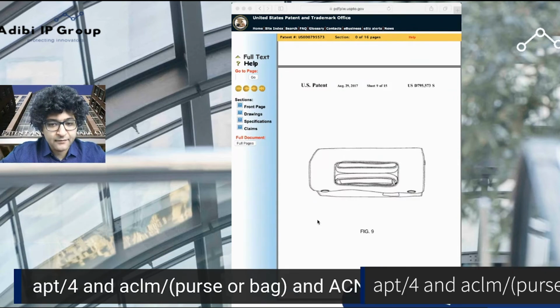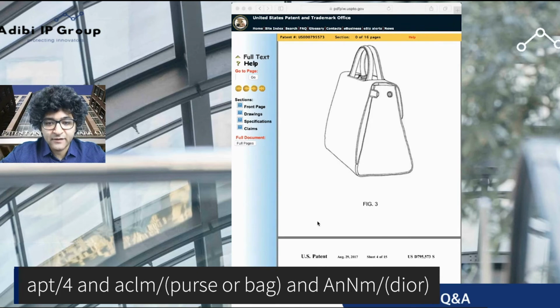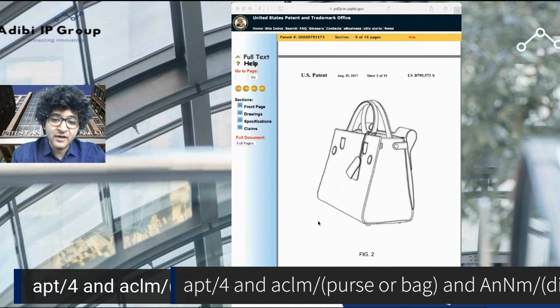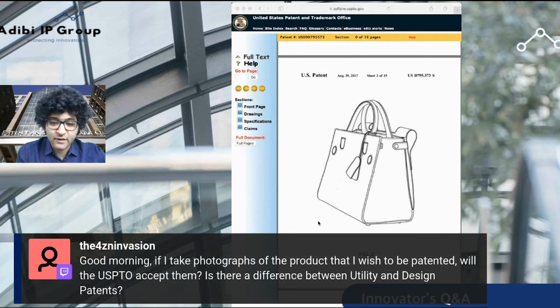Really good question, Vera. So just to recap on Invasion's question, what you have to remember is utility patents protect the structure and function of something, how to make something, a process, as long as it's new and novel and hasn't been done before and is non-obvious, then it's possible to get a utility patent on your invention.